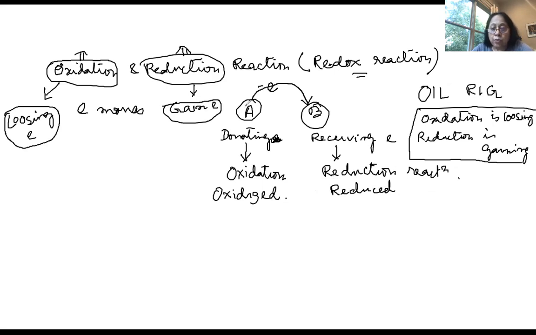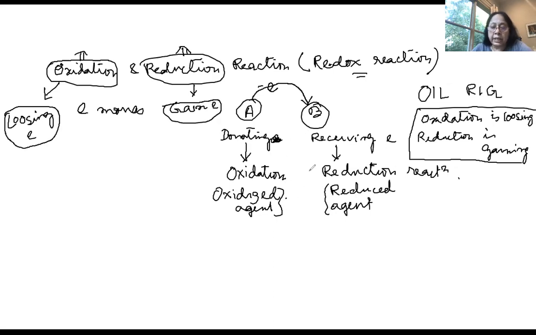So now we can say that atom A is an oxidized agent, okay, and atom B is a reduced agent. Okay, so after the oxidation, that atom or that element is oxidized. After the reduction, that element or atom becomes reduced.